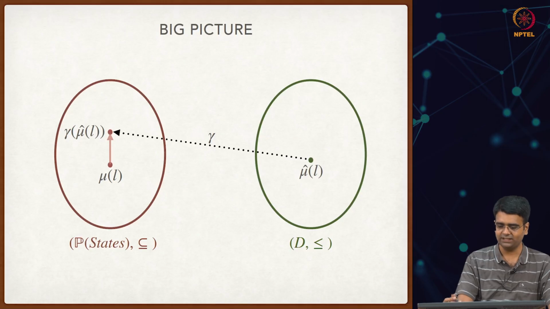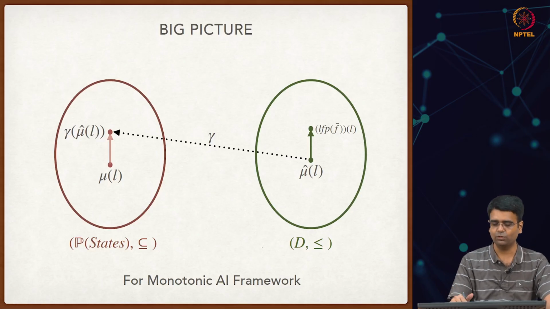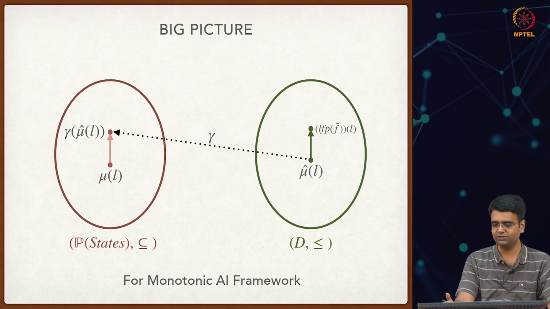Now as we have seen in this lecture, Kildall's algorithm doesn't compute this mu hat of L, but instead it computes something else, which is this LFP of f bar, another element in the abstract domain. This is only under the constraint that your abstract interpretation framework is monotonic, which means all the abstract transfer functions are monotonic.